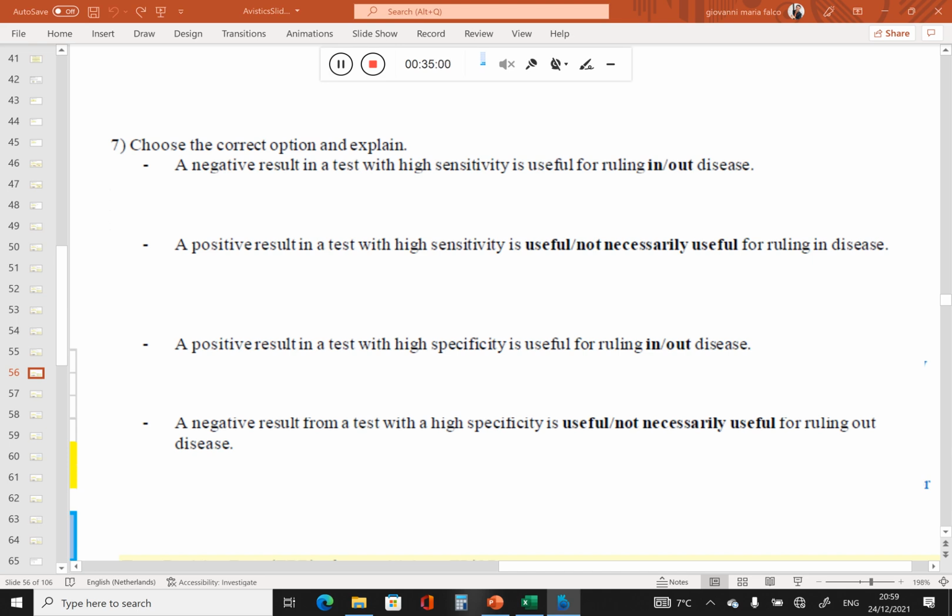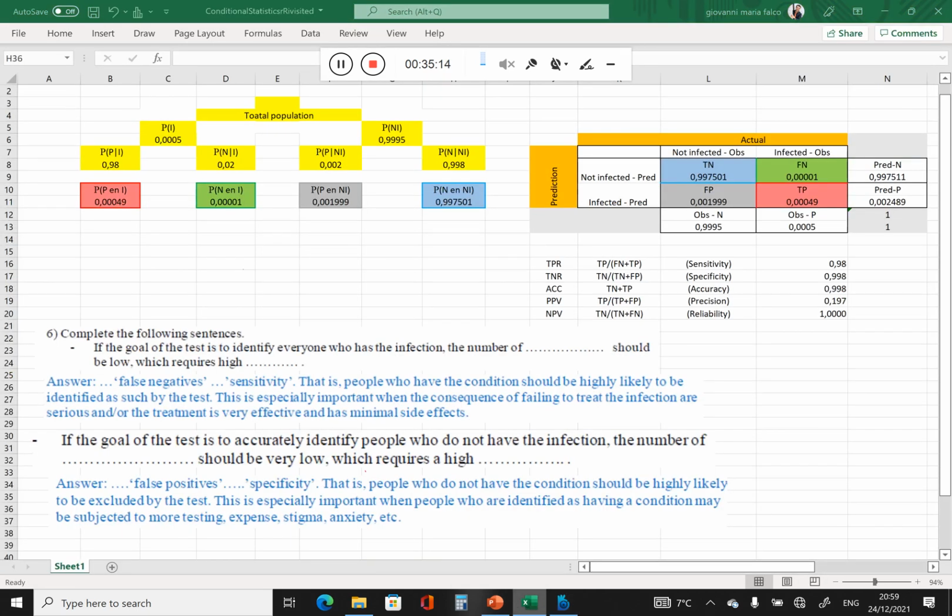Does a negative test mean that if you get a negative result you can feel safe, and so is it useful for ruling out the disease or just for ruling in the disease? Now, if we look at the formula for the sensitivity, a high sensitivity means that the false negatives are relatively small.